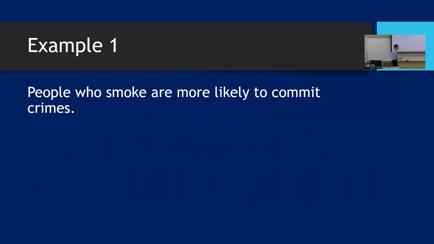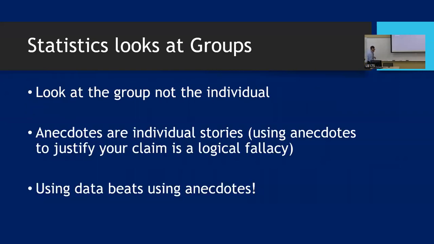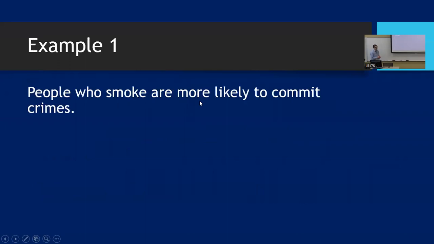Now, I'm going to give you some statements that we want to understand. This is about understanding that statistics looks at the group, not the individual. There have been studies that show that people who smoke cigarettes are more likely to commit crimes.